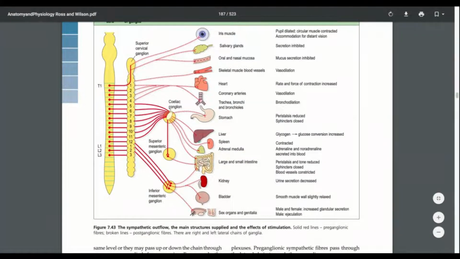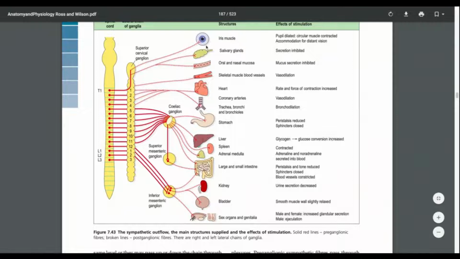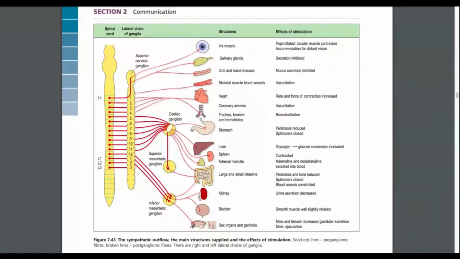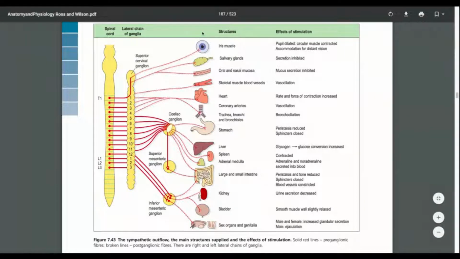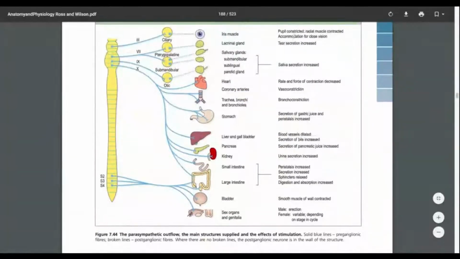Okay. So if you look at the anatomy here, this is thoracic 1 nerve that is going to the iris muscle from the sympathetic ganglion. Okay, so what I told you, the parasympathetic nerve is also innervating the iris, and the sympathetic nerve is also innervating the iris. The parasympathetic nerve will constrict the pupil.